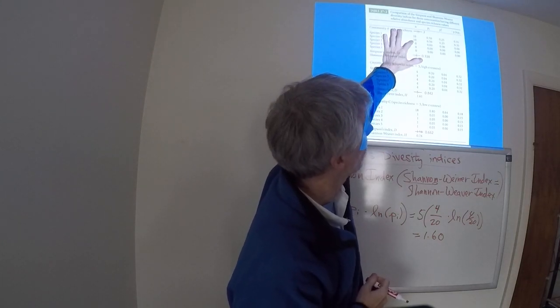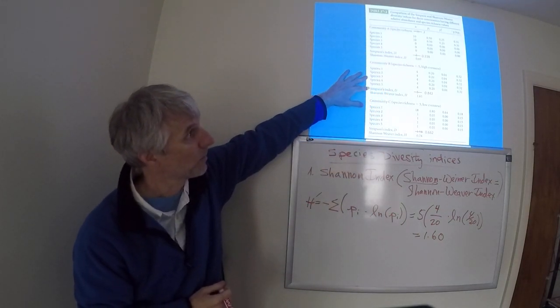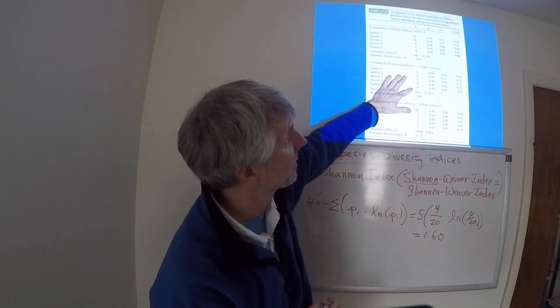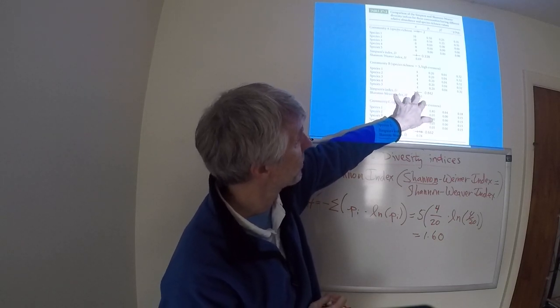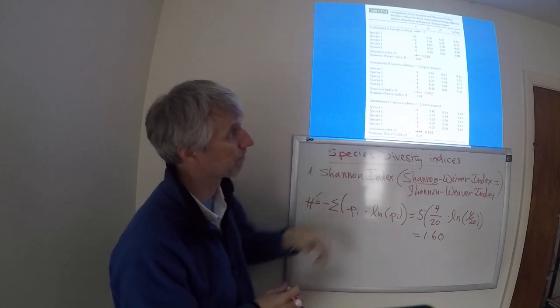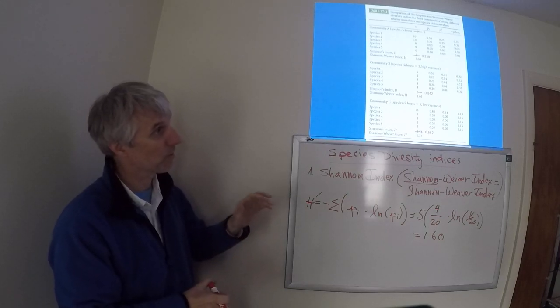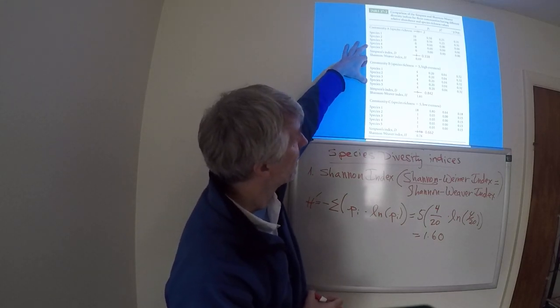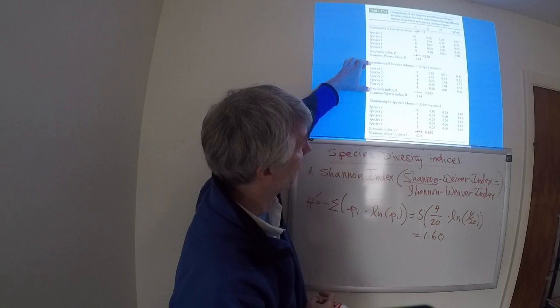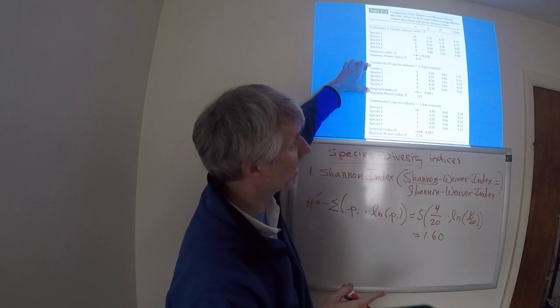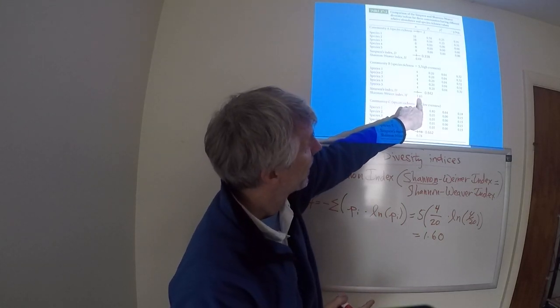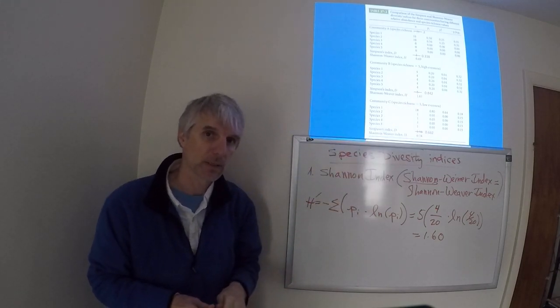Community A has higher abundances, community B has lower abundances, even though the abundance overall is the same. Okay? So in other words, if the abundance values are kept the same, but species richness is increased, the Shannon Index will increase.